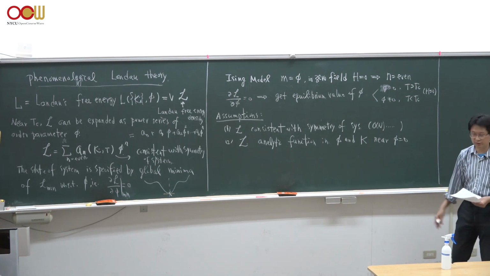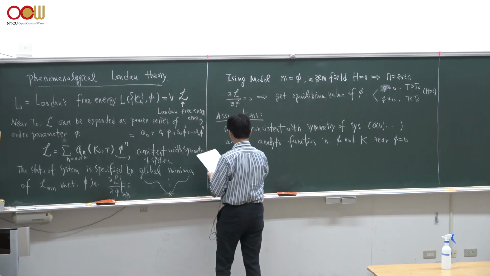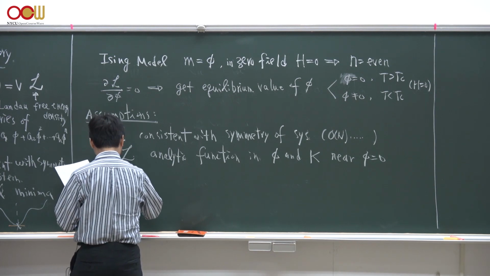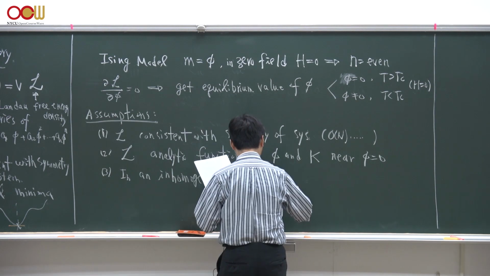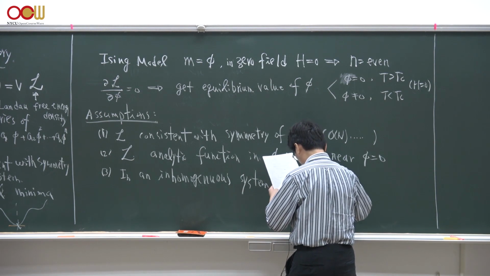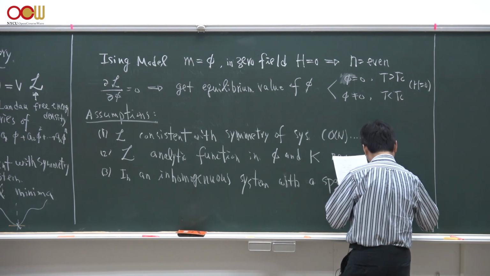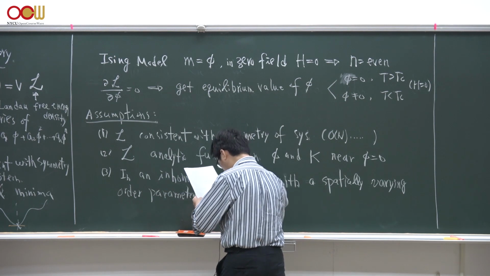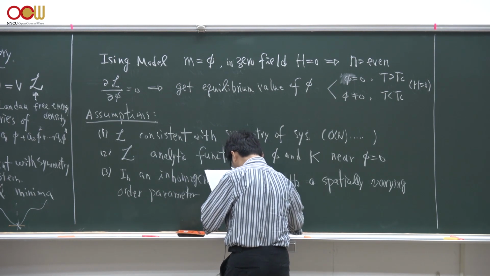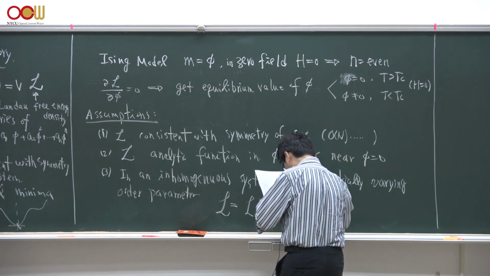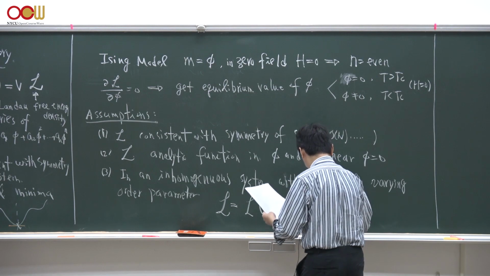So we will see that in just a moment. And the third assumption is that in an inhomogeneous system, where we have a spatially changing order parameter, in such a case, this Landau's free energy density is a function of the spatial coordinate and the gradient of phi as well.